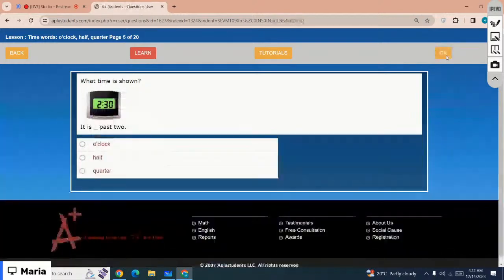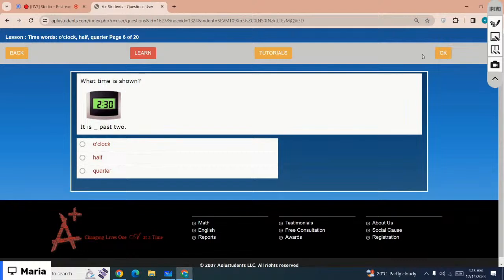What time is shown, which is the correct option? That is half past 2, because 30 minutes, that is 2:30, right?